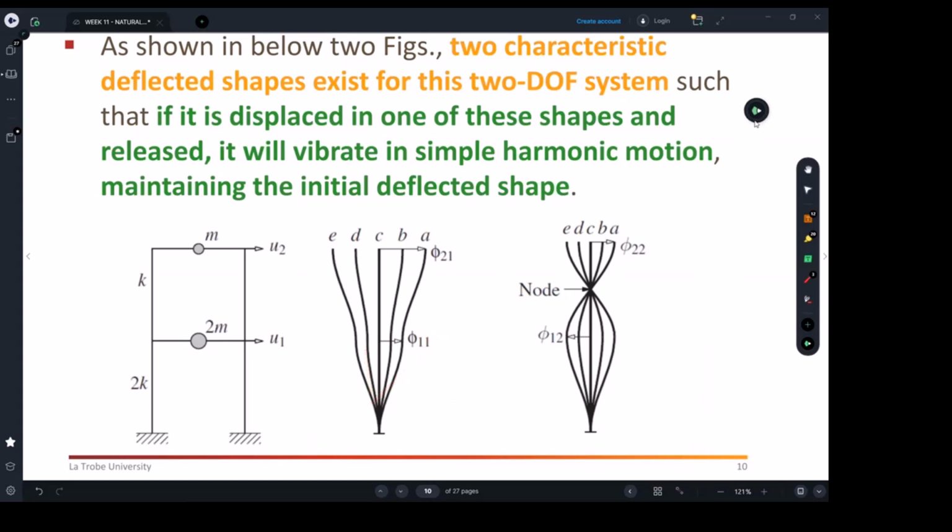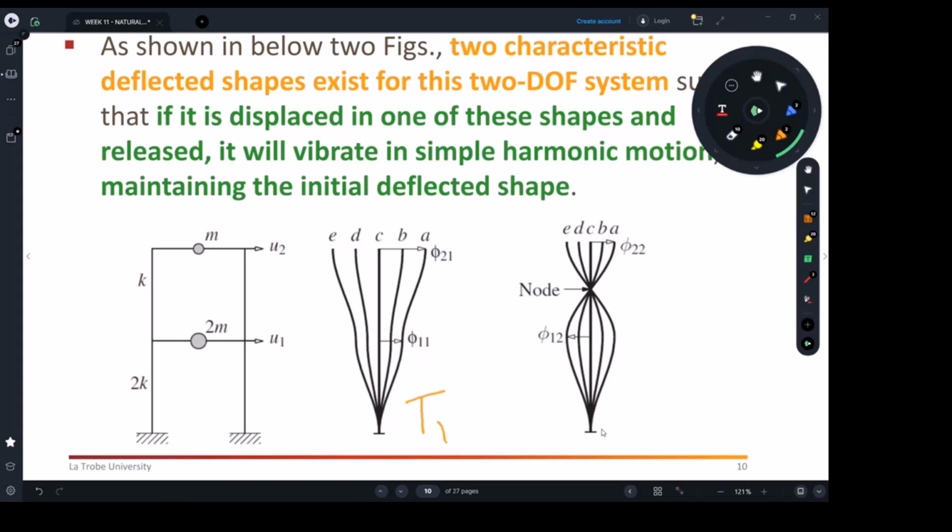So here we're going to have T1 and T2. T1 is the time period for the first mode shape, and T2 is the time period for the second mode shape. And usually, as I said, the easiest shape to happen is the first mode shape.